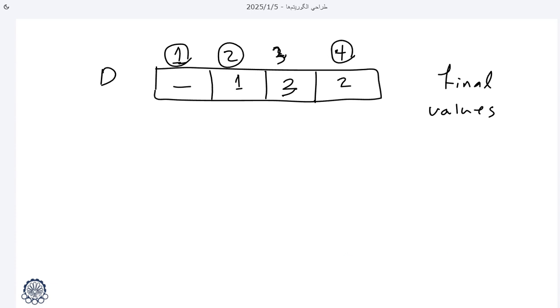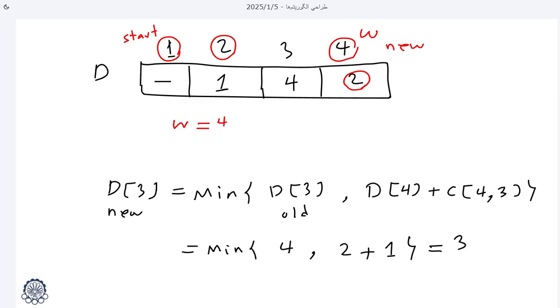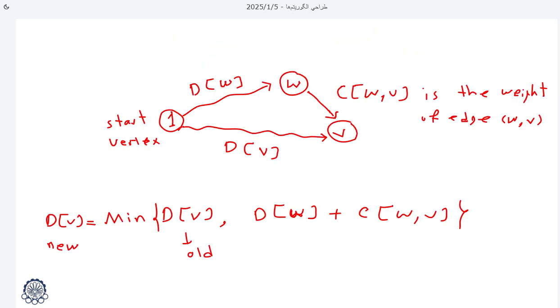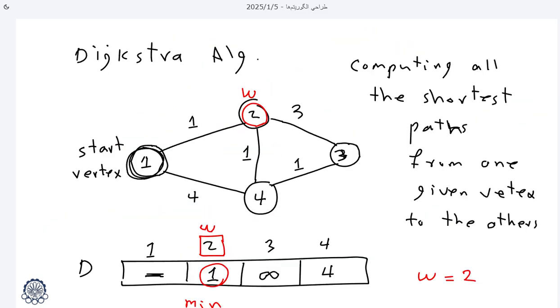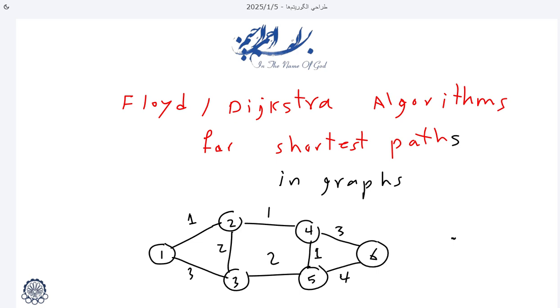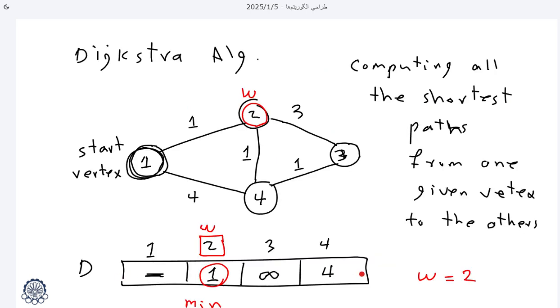Please. Can we make these arrays in one table? Is that possible? One table, yes, we can show these steps in one table. Each step in one row.